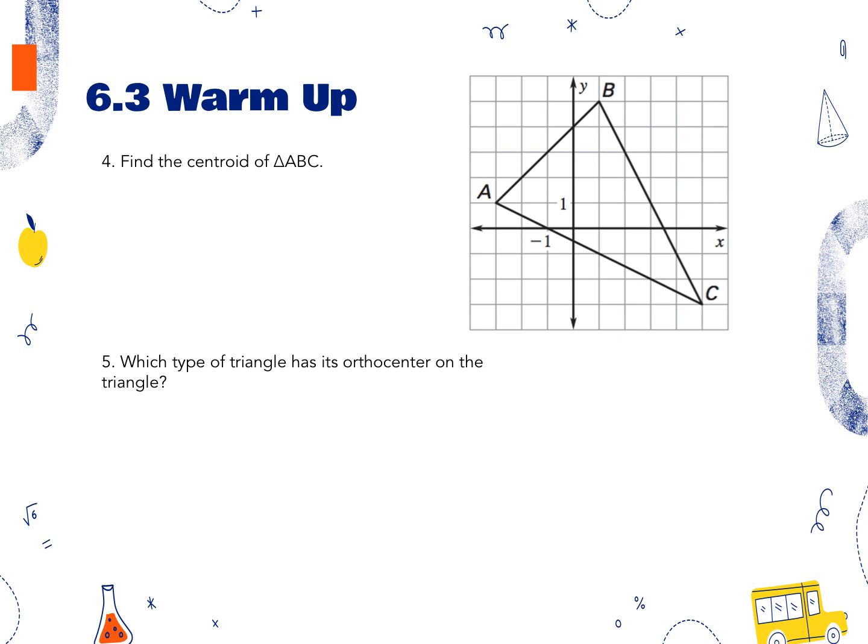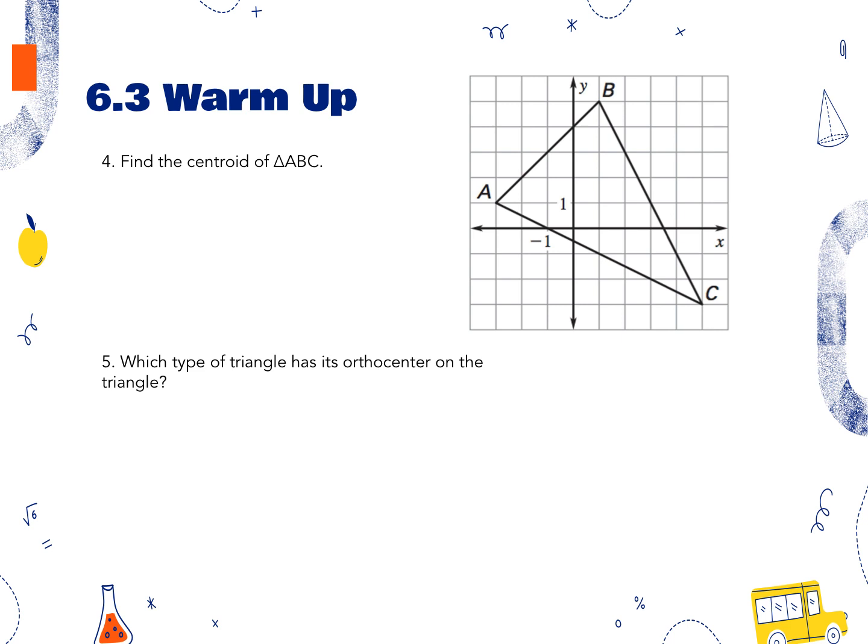You should also be able to find the coordinates for the centroid, and it'll be any type of triangle. So technically what we're supposed to do is find the midpoint of all three sides and then draw in each median. So from the midpoint to the vertex creates a median, and then you're looking for the point of intersection.